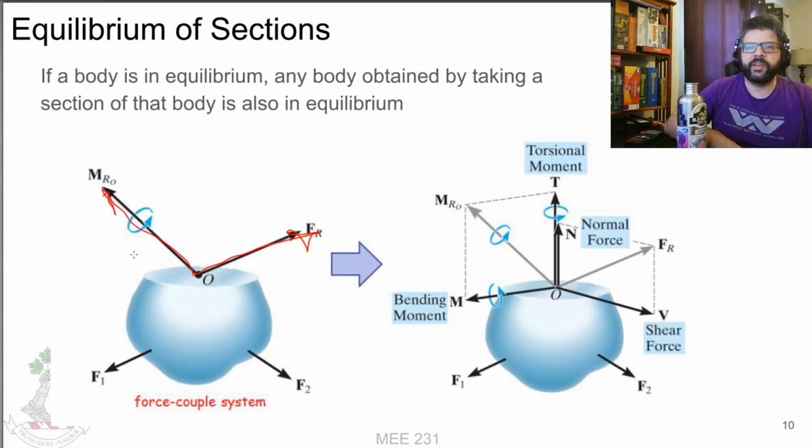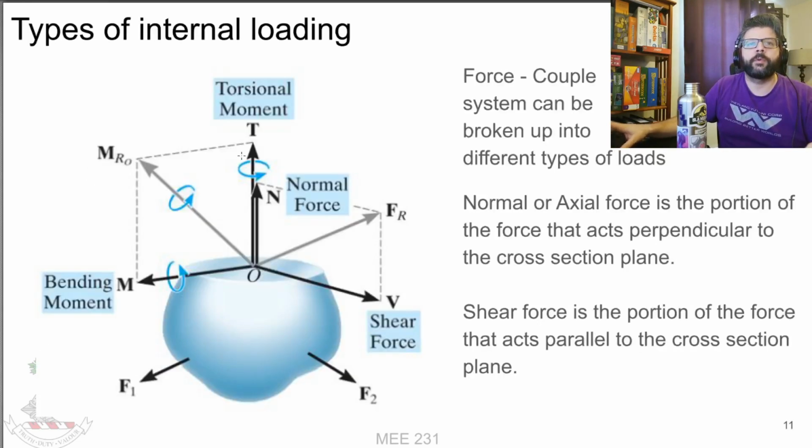That having been said, oftentimes we will break that up into different components that when combined have the resultant that we started off with here. But those different components help us draw useful conclusions about what's going on inside the member in question.